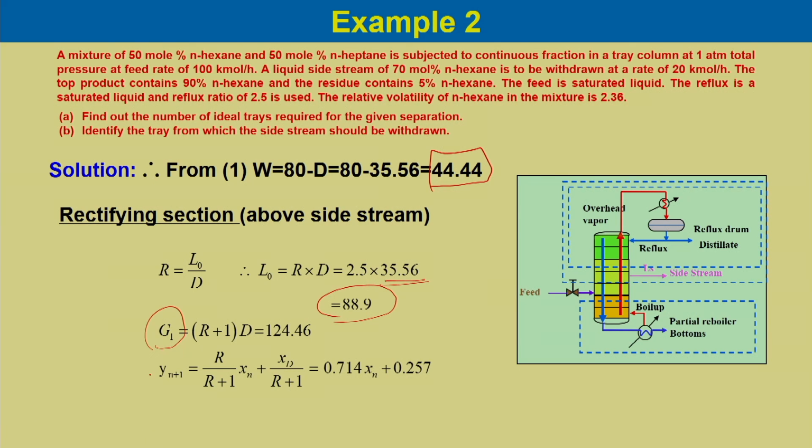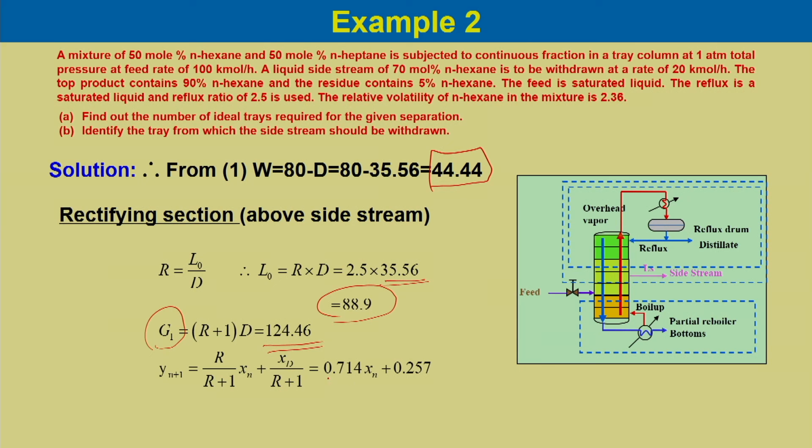G1 we can calculate, which is R plus 1 into D, which is 124.46, that is the vapor flow from the top tray. So, the equation of the operating line is y n plus 1 equal to R by R plus 1 into xn plus xD by R plus 1.